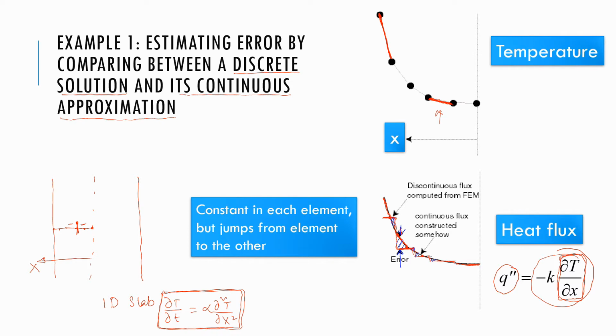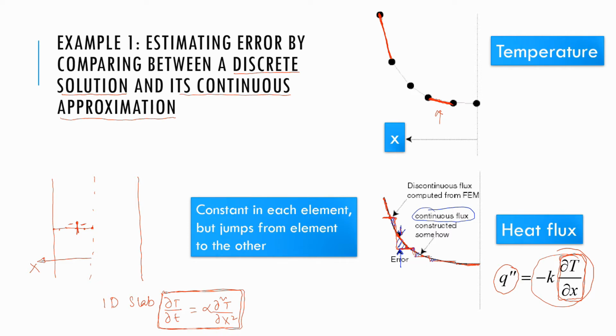It is simply the difference between what I calculated, which is discontinuous because we calculated over the elements, and a continuous flux that we just created from the previous solution.